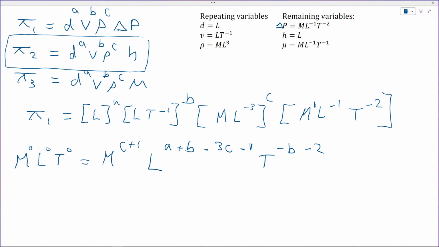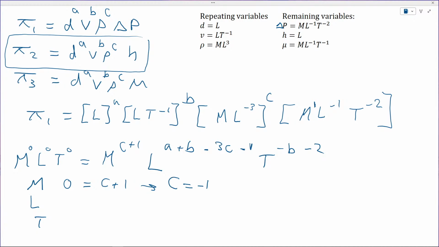So now let's solve for M, L, and T. What value of C, for example, do I need to get M equal to 0? So 0 is equal to C plus 1. This means that C is equal to minus 1.